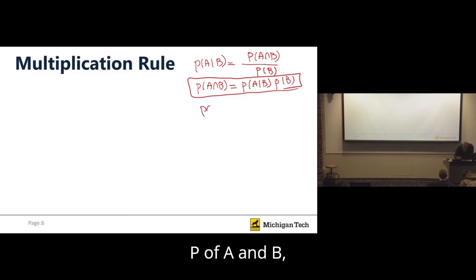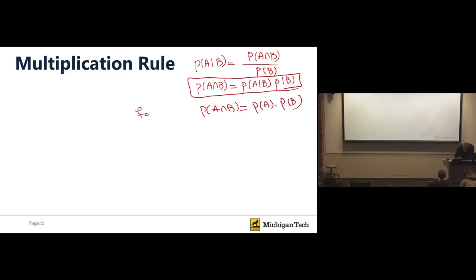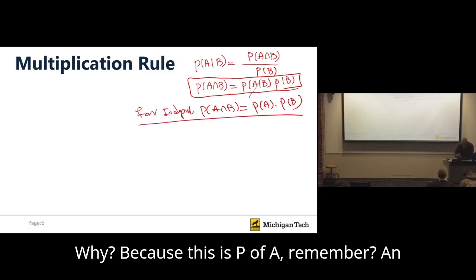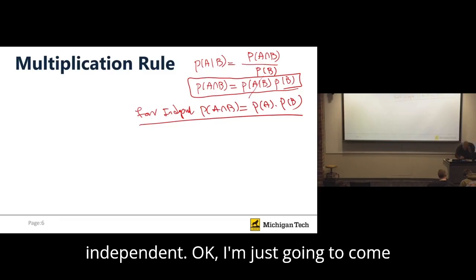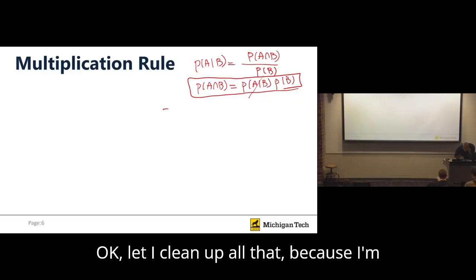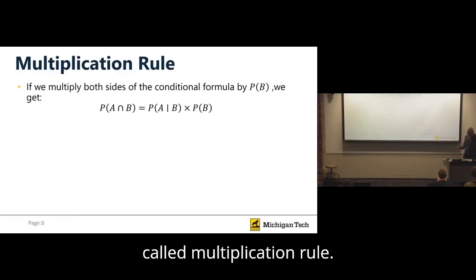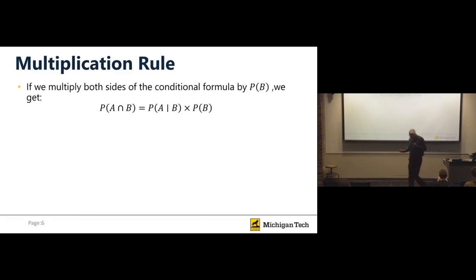P of A and B is going to be P of A, P of B for independent. Why? Because this is P of A. Remember, in independent? Okay, I'm just going to clean this up. So that's called the multiplication rule.